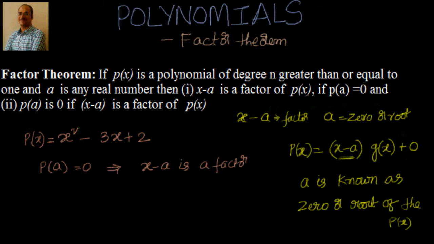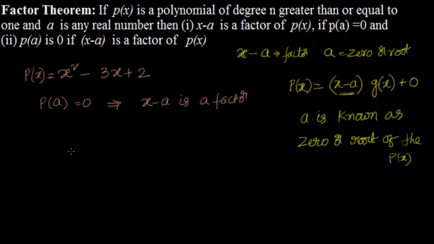So let us see for which values of x this polynomial will become 0. If I look here, all positive coefficients, if I add them, 1 plus 2 equal to 3, and for negative there is only minus 3. 3 minus 3 is 0.